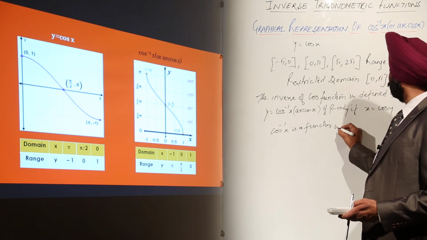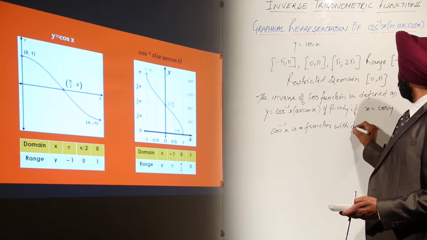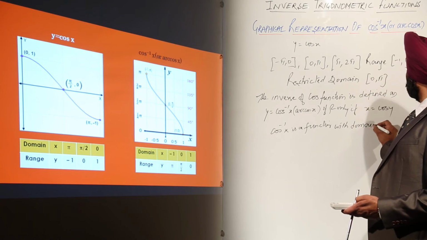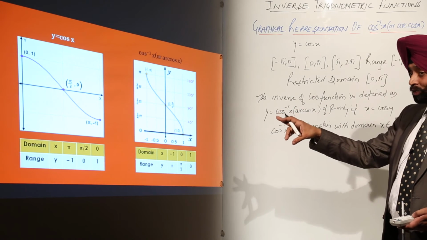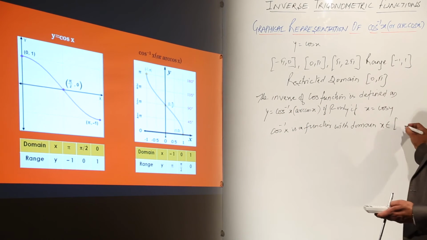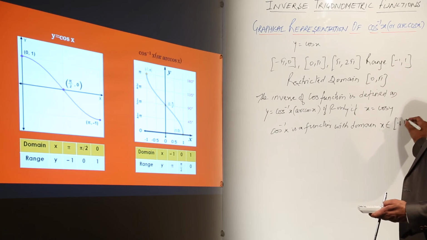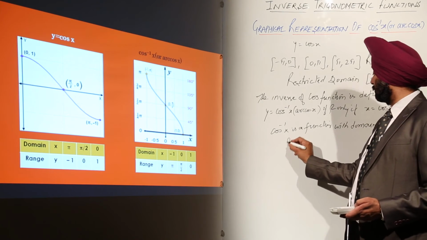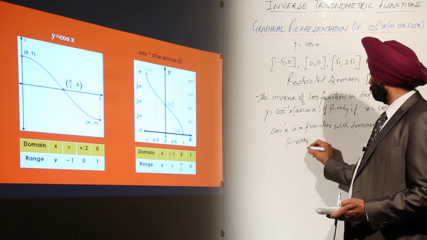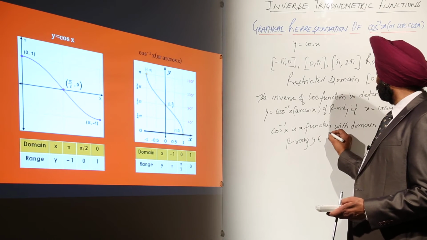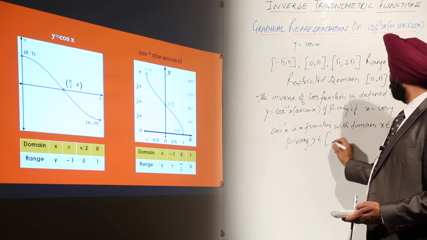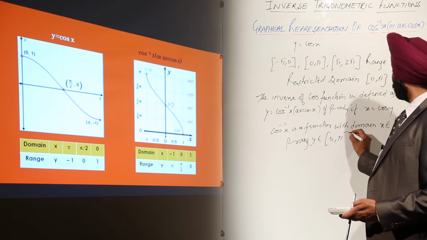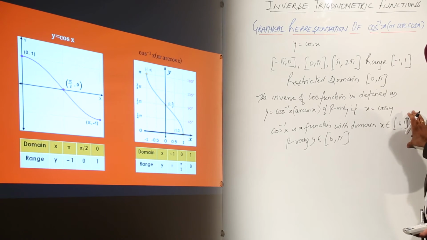Domain x belongs to -1 to 1, where their range was -1 to 1, and range y belongs to 0 to pi. So this is the basic thing for the inverse part.